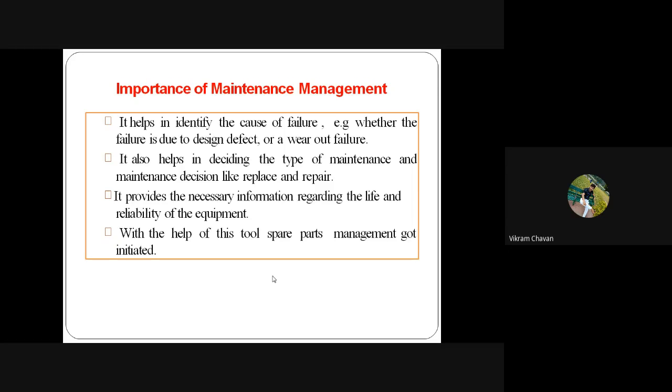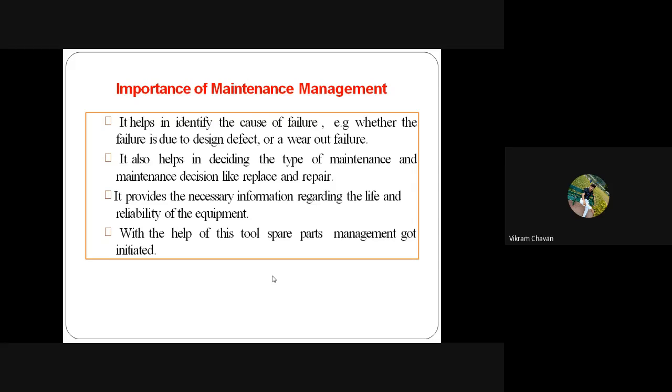Okay, and it provides the necessary information regarding the life and reliability of equipment. Once your industry purchases an equipment, all the documentation will be provided to the maintenance department, and the useful life of that instrument is also recorded in the maintenance department.